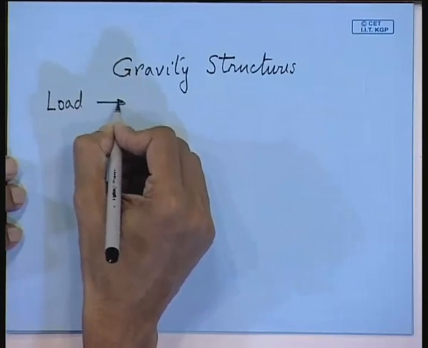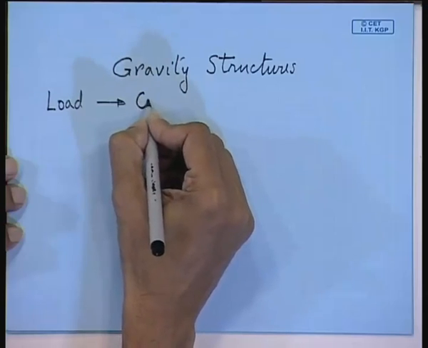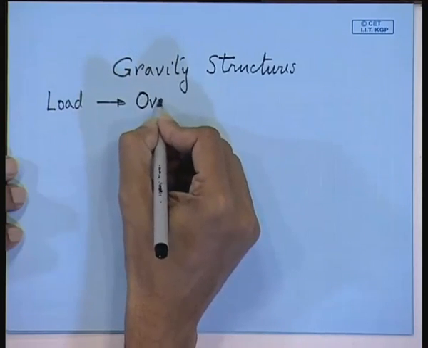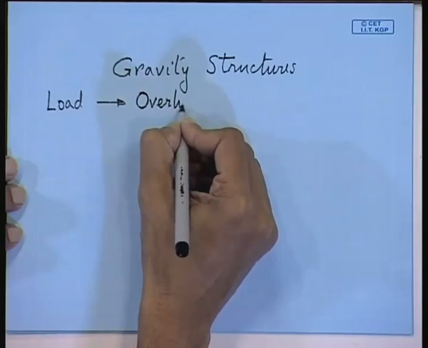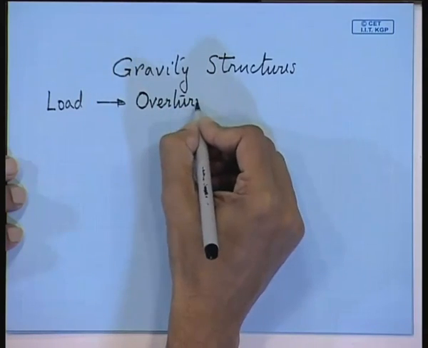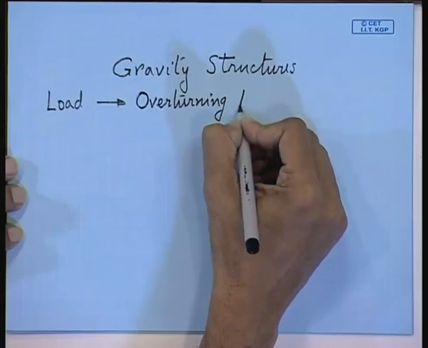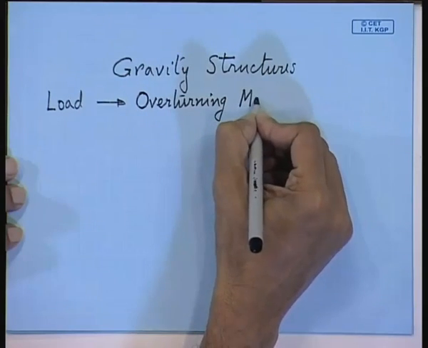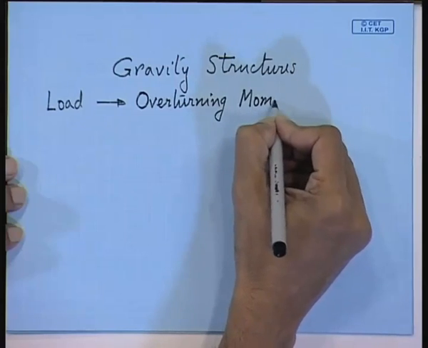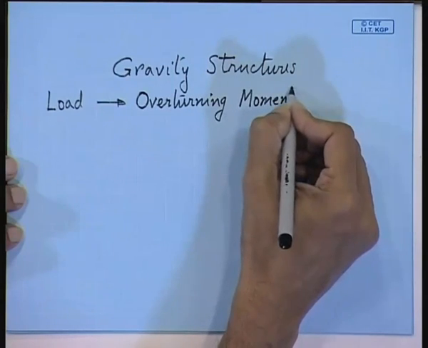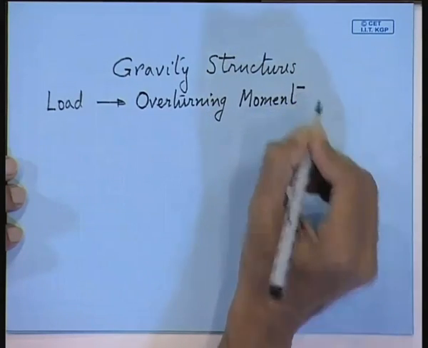Load is your overturning moment. And the structure actually normally resists this load. So, this is the external load that is coming onto this structure.